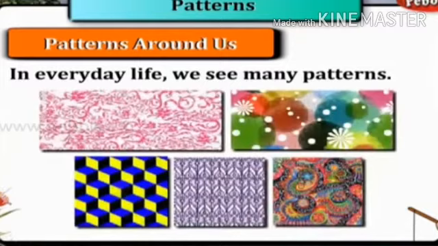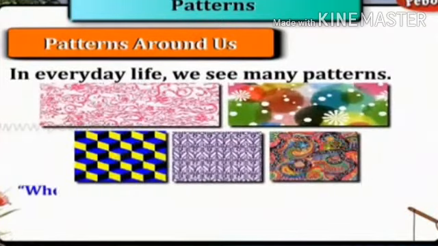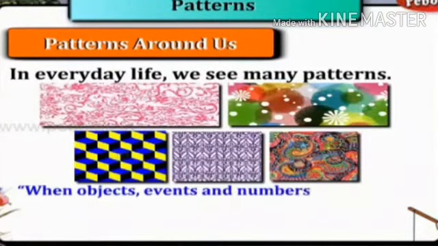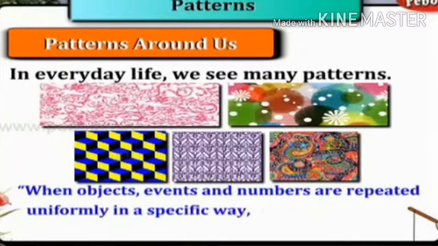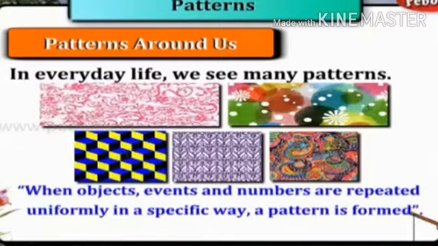Patterns around us. In everyday life, we see many patterns. You see some of them on the screen here. When objects, events, and numbers are repeated uniformly in a specific way, a pattern is formed.